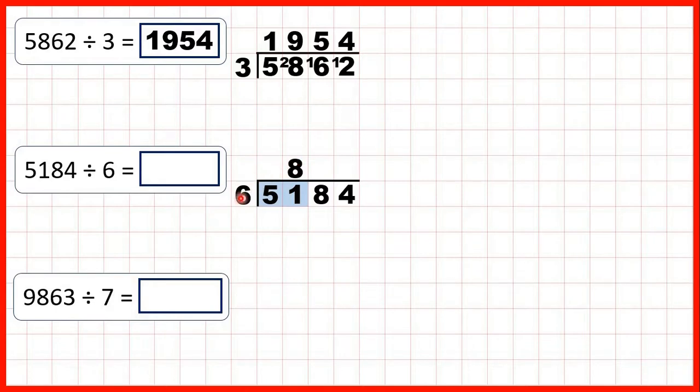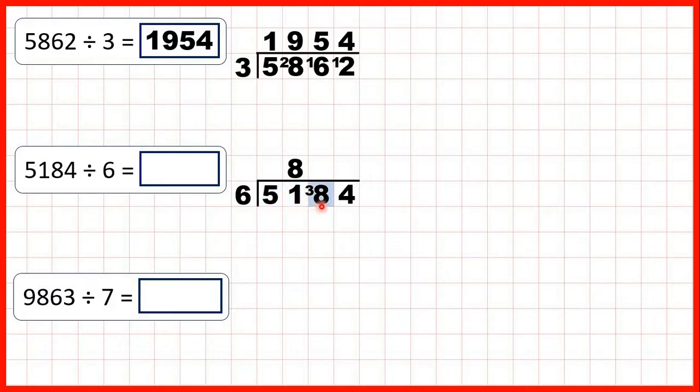But 8 times 6 is 48, and we have 51. From 48, we need to count on 3 more to get to 51. So we have 8 remainder 3, and we write the remainder in front of the next digit. We can check that that makes sense, because 8 times 6 is 48, plus 3 is 51.